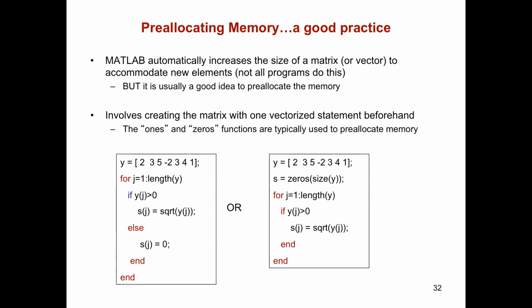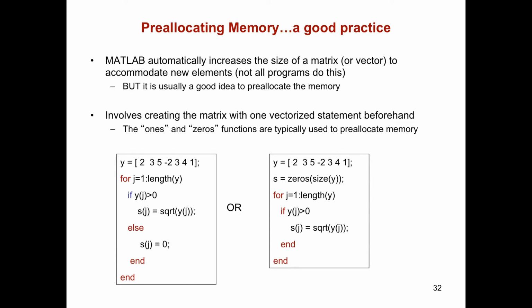And I already mentioned that it is a good idea to pre-allocate memory. So just assign memory using zeros or ones or some known functions. Zeros is the easiest. Before you go and create an array, if you know what its size is going to be, just say S is zeros of the particular size you want, and then you will proceed.